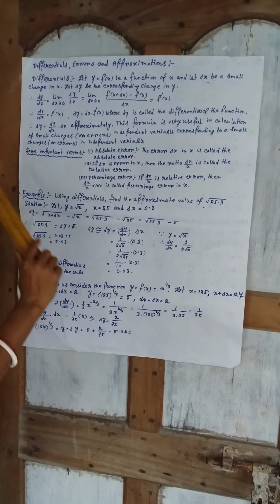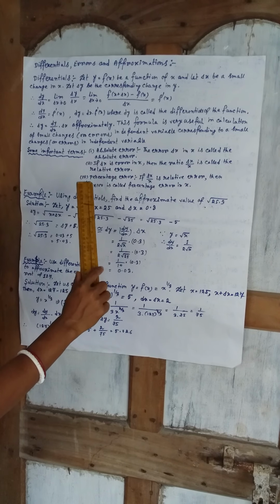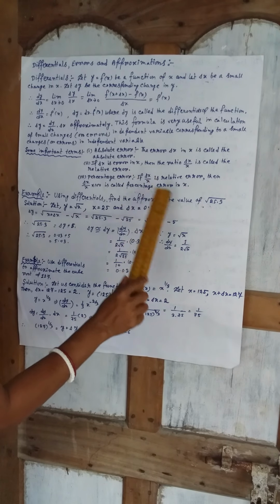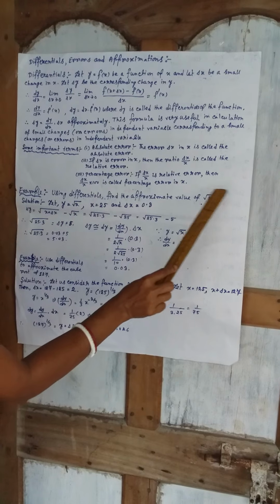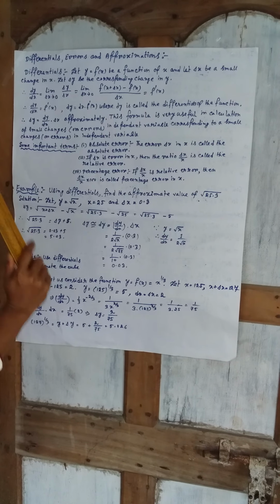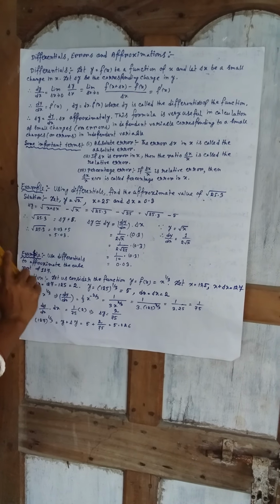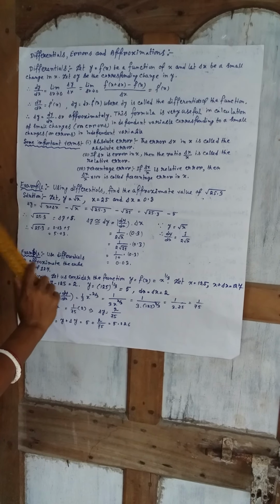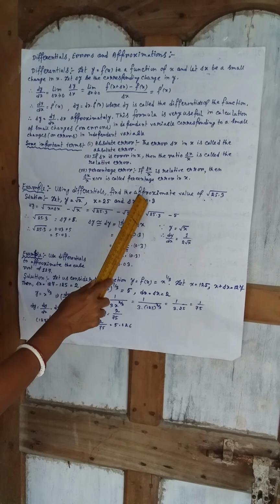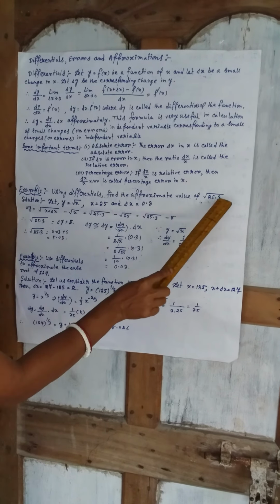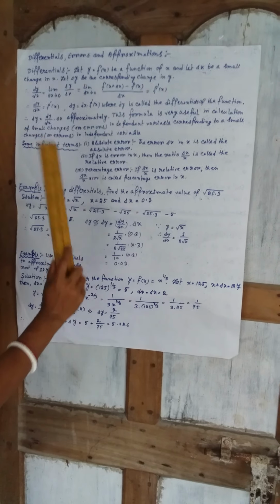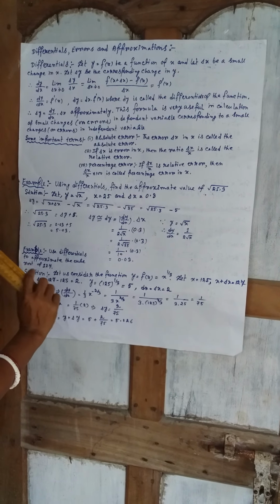Now the example. Using differentials, find the approximate value of root over 25.3. Let y equal to root x, x equal to 25 and del x equal to 0.3, because this is the small change, 0.3, and x equal to 25.